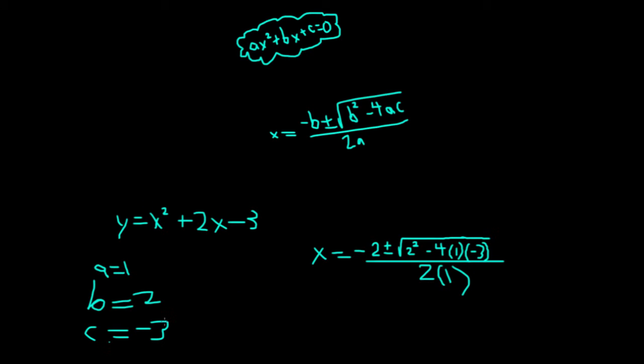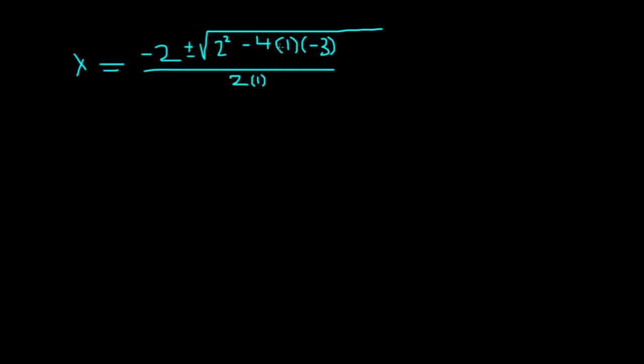So what do we do now that we have all this plugged in? Well, you'll notice on this side of the equation, there's no variables anymore. So you're going to want to do everything under the square root first.